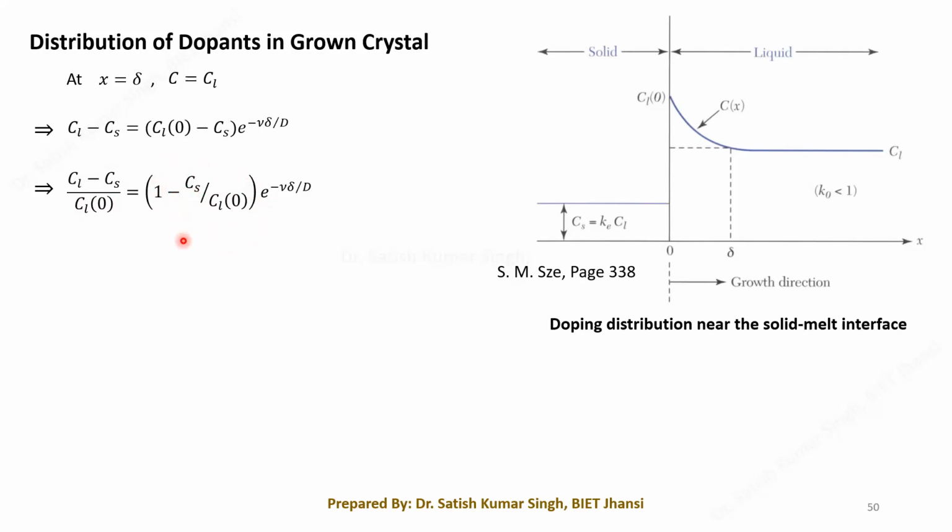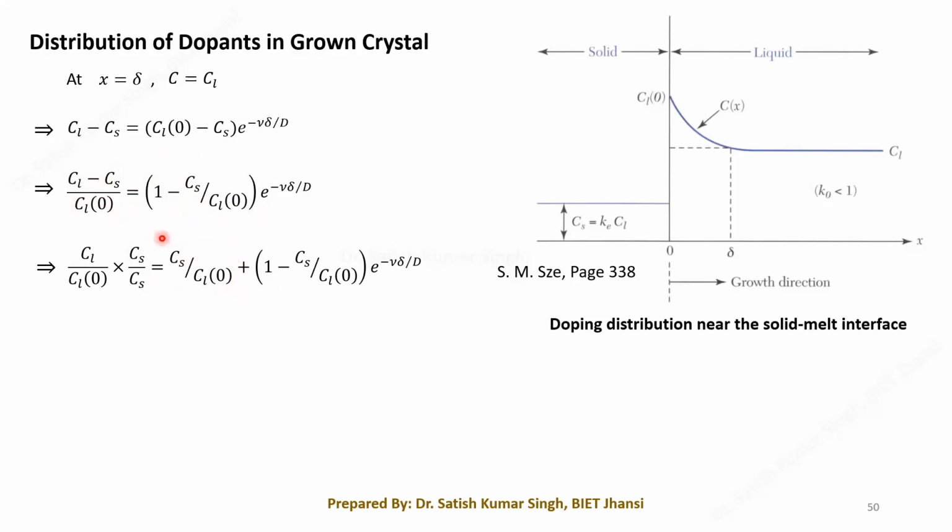Fine. So we can further do the modification. What we have done is we have added this term. You can just take this term out, CS upon CL naught. If you take the individual ratios, CL upon CL naught minus CS upon CL naught, this minus CS upon CL naught I have transferred to the right hand side.